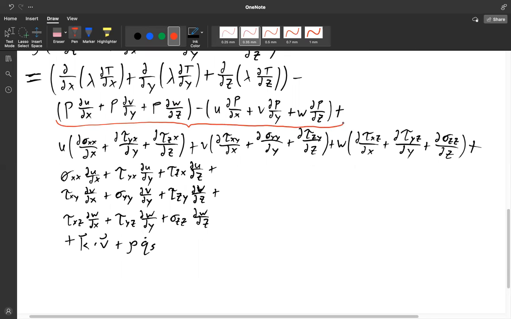And in case this isn't obvious, this term here is derived using product rule. And this term here is derived using product rule as well. That's where these extra terms jump in.